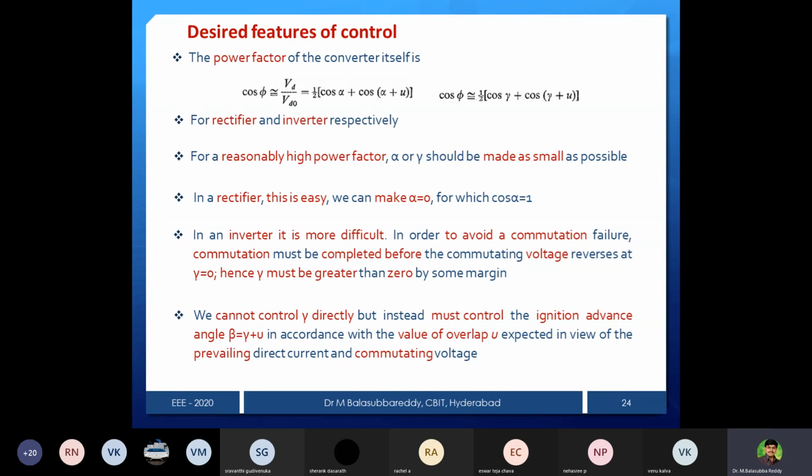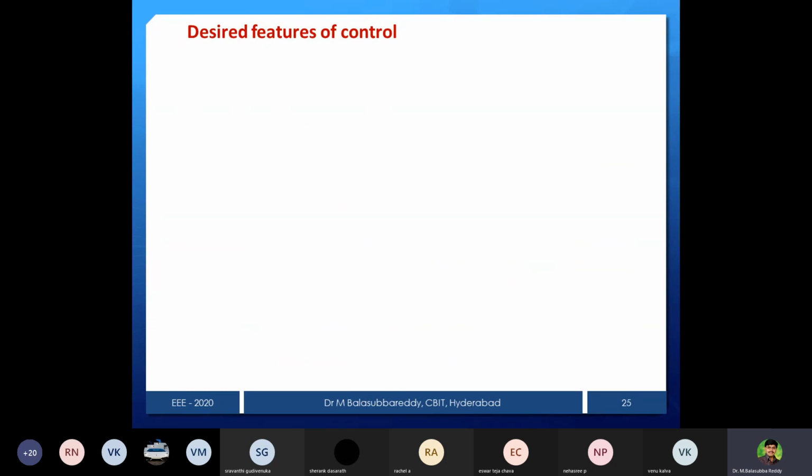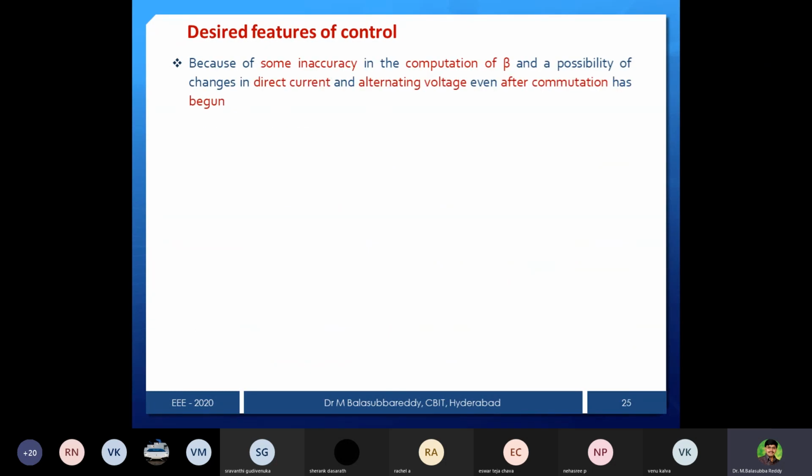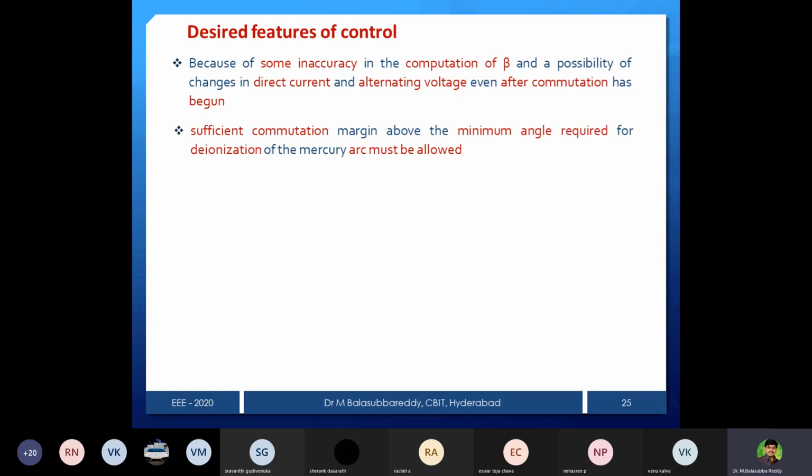This is because of some inaccuracy in the commutation of beta and the possibility of change in the direct current and alternating voltage even after commutation has begun. So for reliable operation we have to give a margin angle of 15 degrees, wait, and only then proceed with the commutation process.